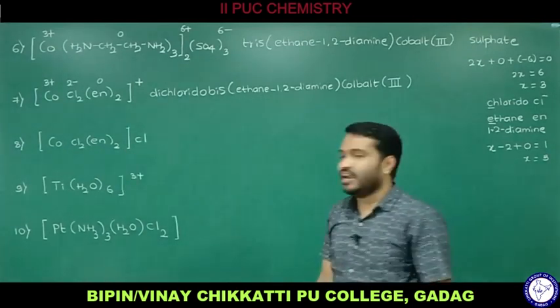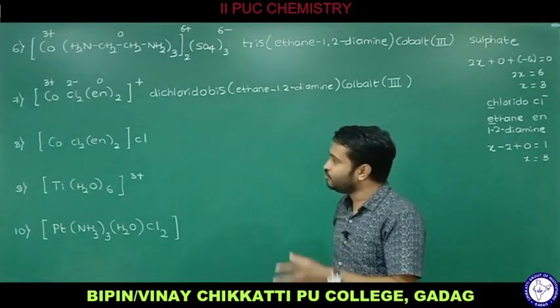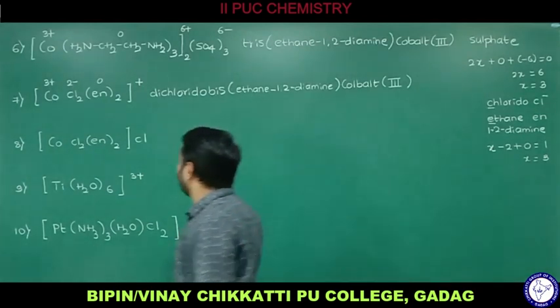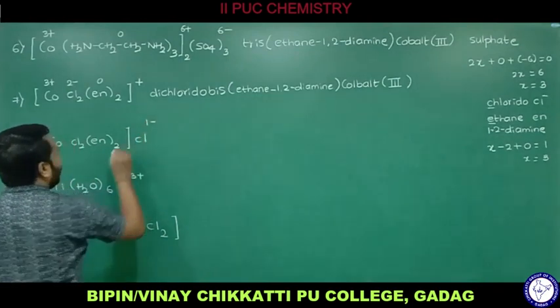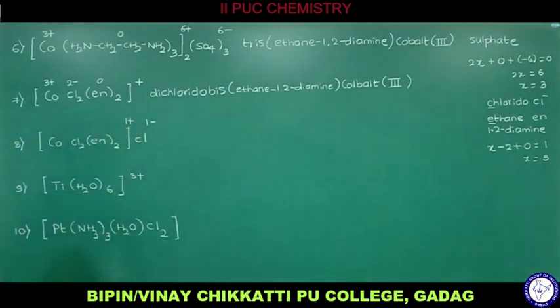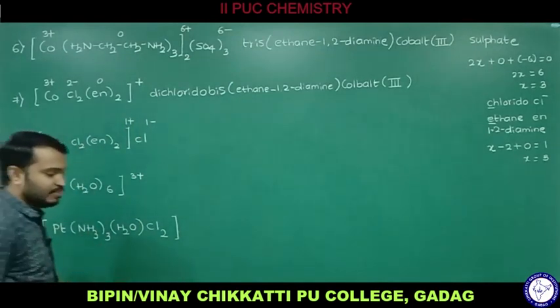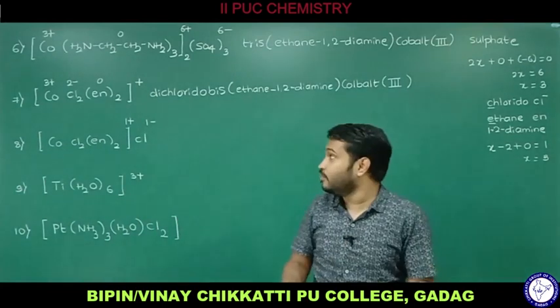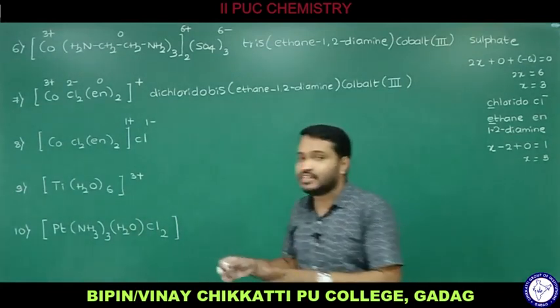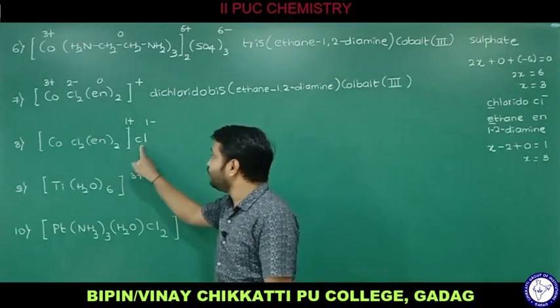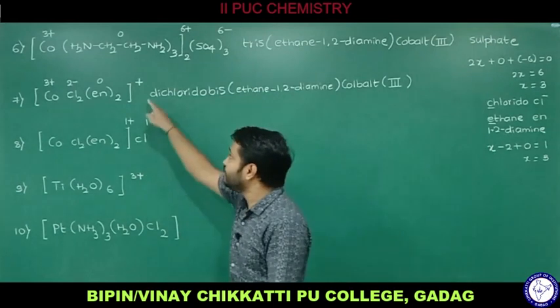Example number 8: we have cobalt, Cl2, En twice, and Cl. We'll identify what kind of complex it is. Cl is 1 minus, therefore this should be 1 plus. If you consider this example and see the previous example, example 7, both are almost the same, but the 7th example is an ion, whereas the 8th example is a complete coordination compound, because in the 8th example we have a counter ion, whereas in the previous example we don't.